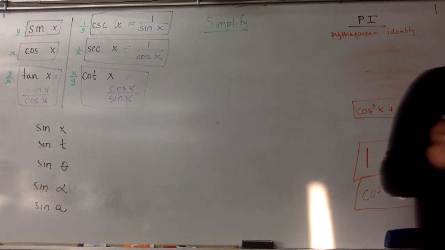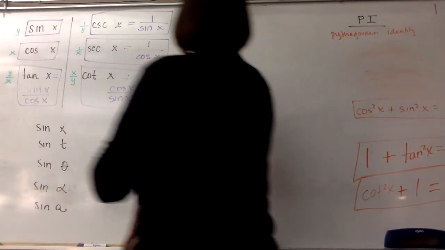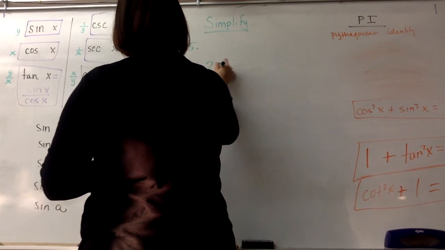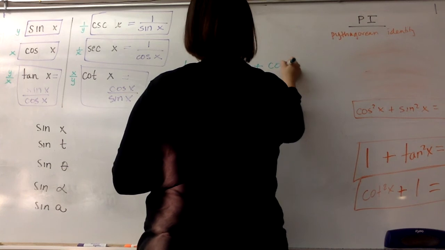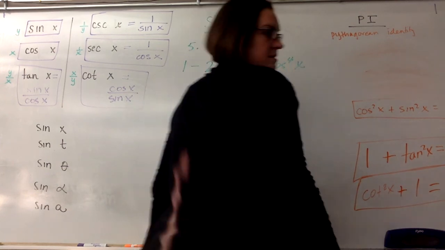Oh, this is my favorite one. 1 minus 2 cosine squared x plus cosine to the 4th x.